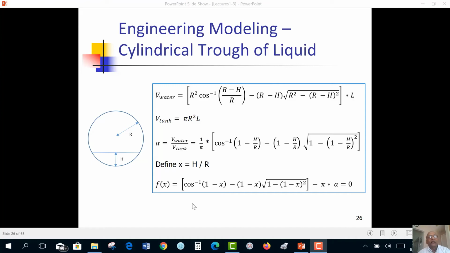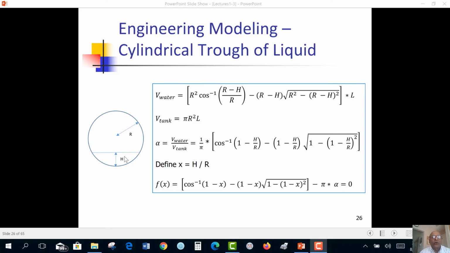Okay, let's look at a real life engineering modeling example. Let's suppose we have a cylindrical trough of some liquid, water, let's say. And imagine as if it is lying on the ground. So that means this is our ground surface, and this cylinder is coming out of the board.